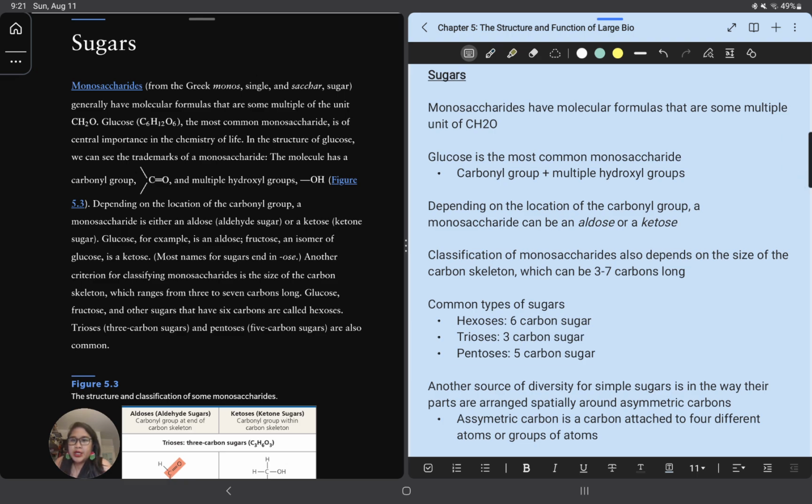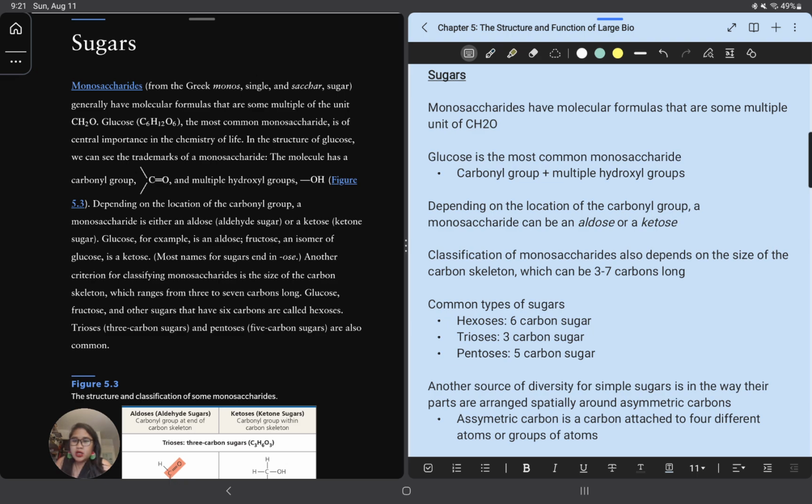Monosaccharides, from the Greek monos, meaning single, and saccharine, meaning sugar, generally have molecular formulas that are some multiple of the unit CH2O. Glucose, the most common monosaccharide, is of central importance in the chemistry of life. In the structure of glucose, we can see the trademarks of a monosaccharide.